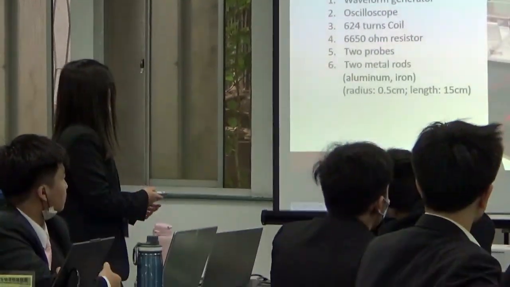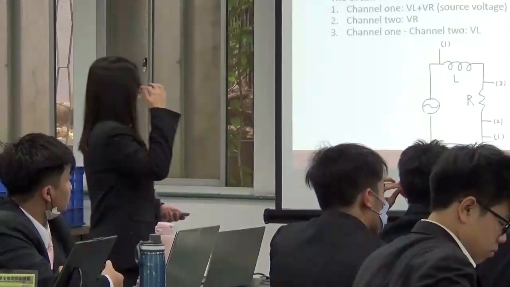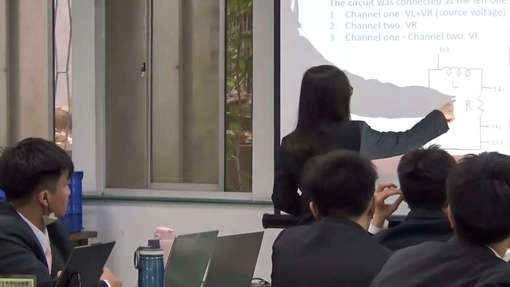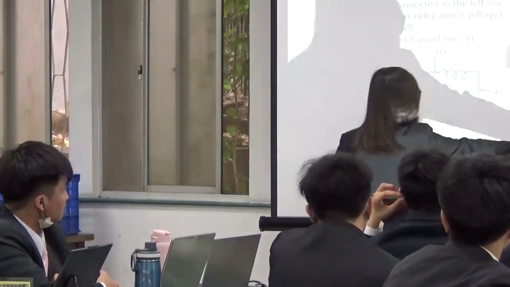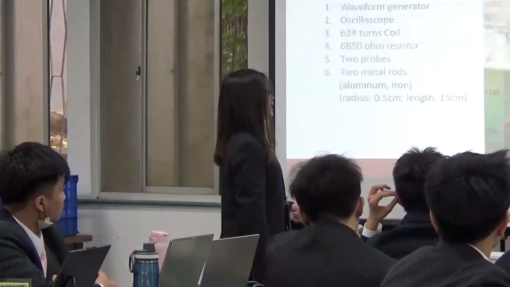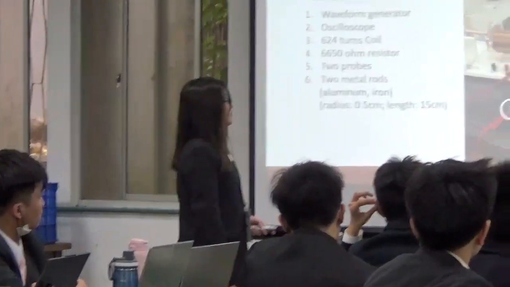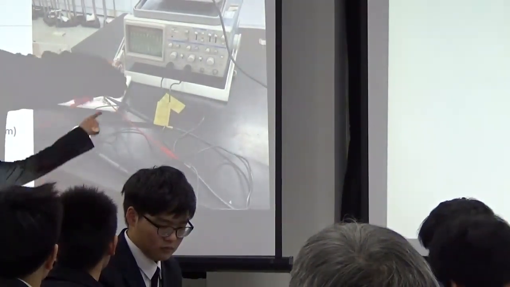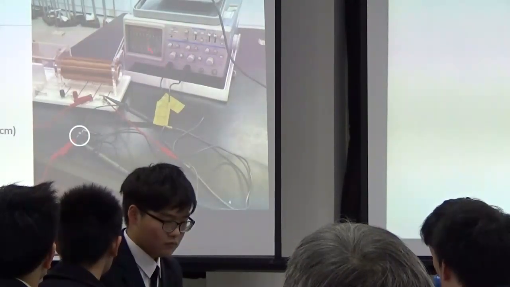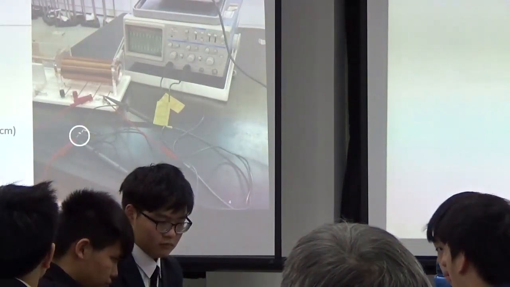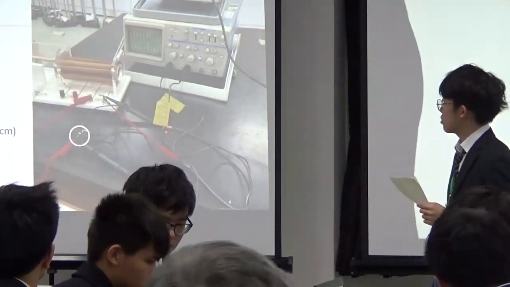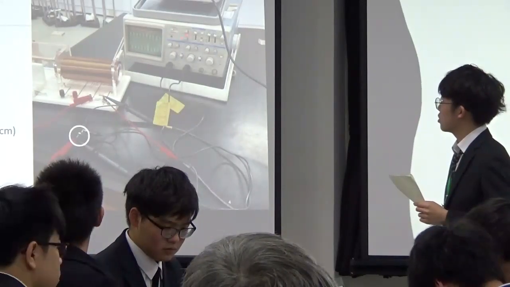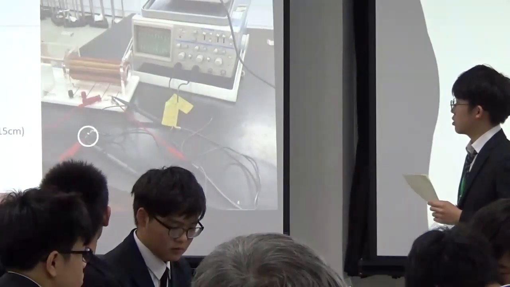Oh, okay. So just as I said, we first connected the circuit as this. So actually this is the board, and this is the resistor right here. So we will change the frequency from there. So the waveform generator passes to the resistor, and then the coil, and then back to the waveform generator.